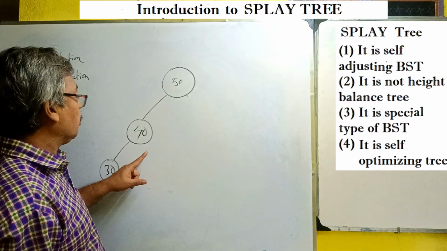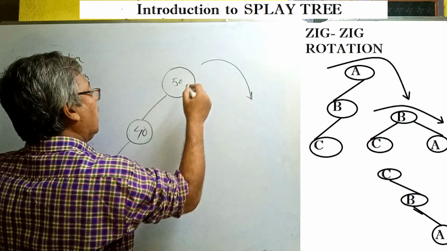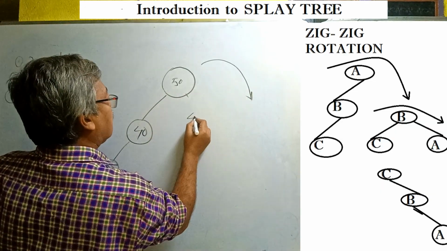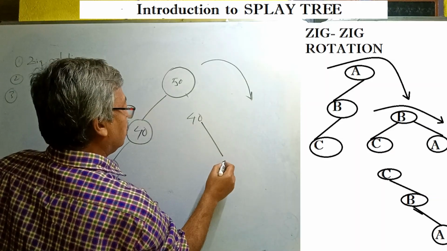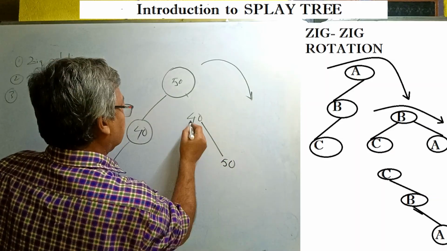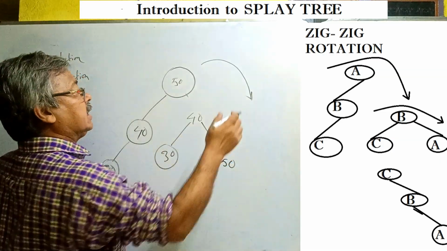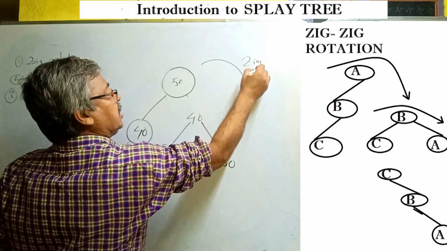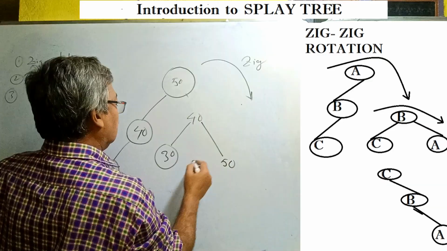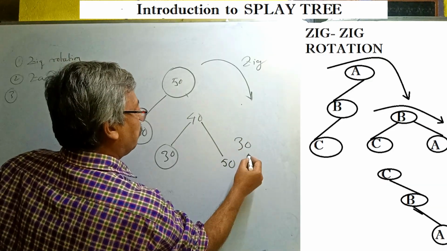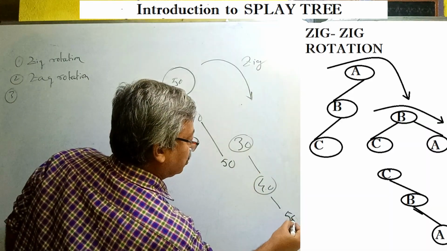We have to perform two rotations, that is zig. After the first zig rotation, 40 will come here and 50 will go there, and 30 at that place. After the second zig rotation, 30 will come here, 40 will go there, and 50 at that position.